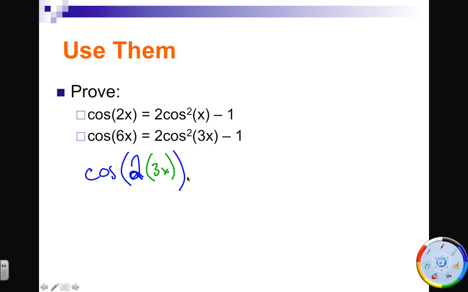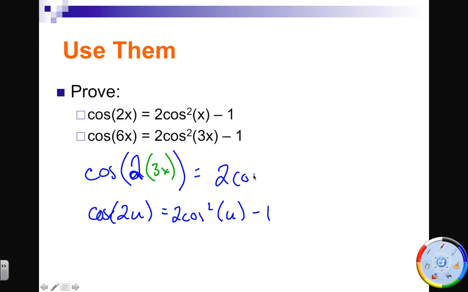Right? Because 6x is 2 times 3x. My double angle identity says the cosine of 2u is equal to 2 cosine squared u minus 1. Well, in this case, my u is just 3x. So I'm just going to go straight ahead and say that's just 2 cosine squared 3x minus 1, because the 3x was really my u to begin with.